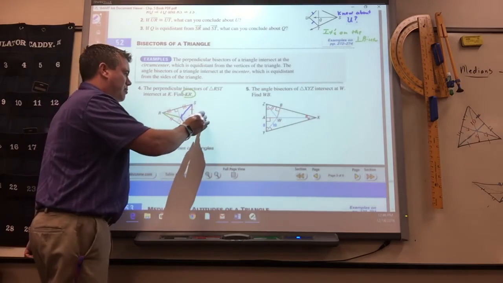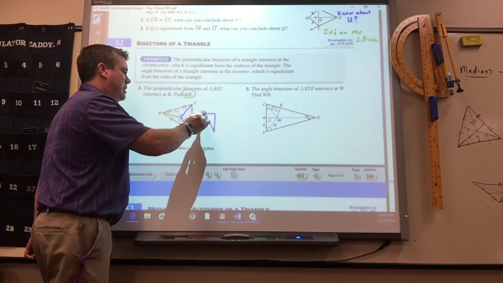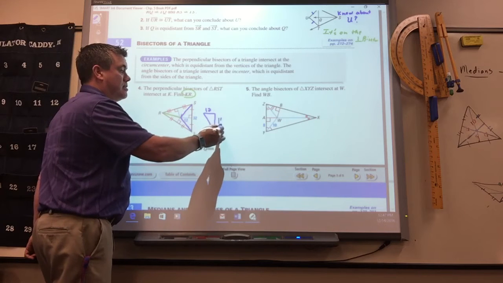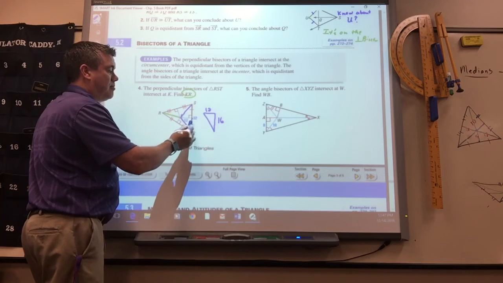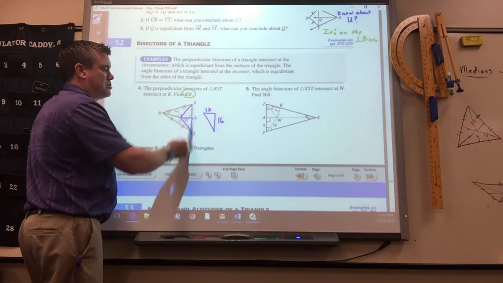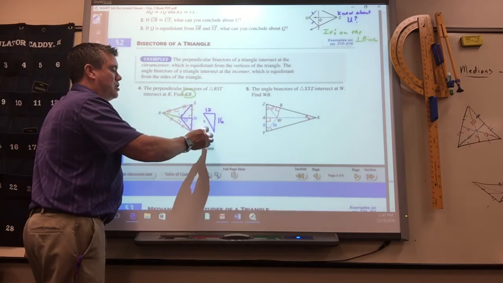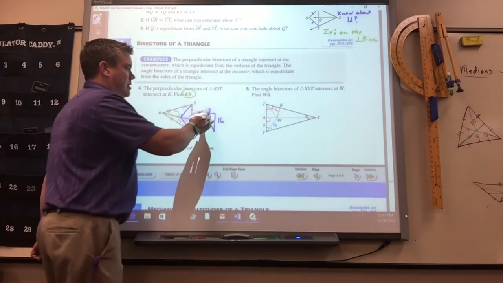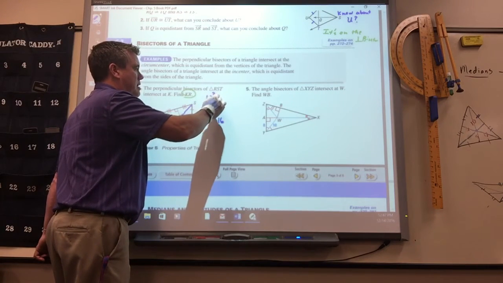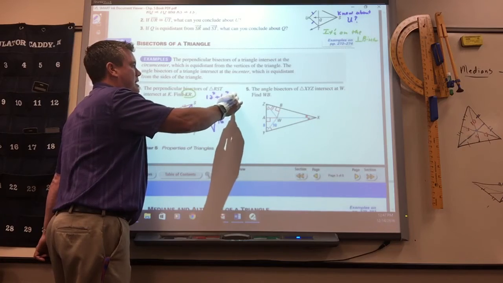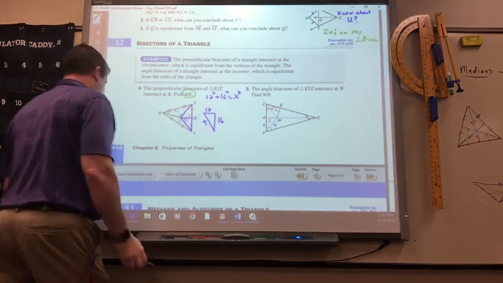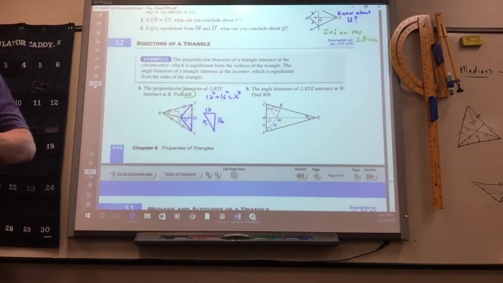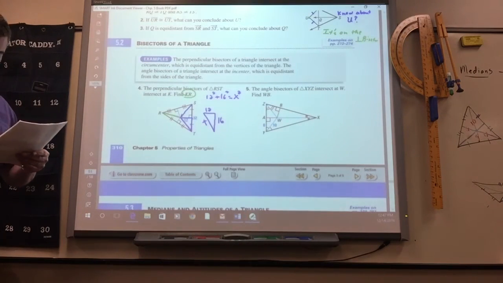Well, what we have here is this is 12 and this would be 16, right? On this piece, because it's 32 all the way across. So you got to find that. So you use the leg squared plus the leg squared equals the hypotenuse squared. I just want to check to make sure we even have to do that.